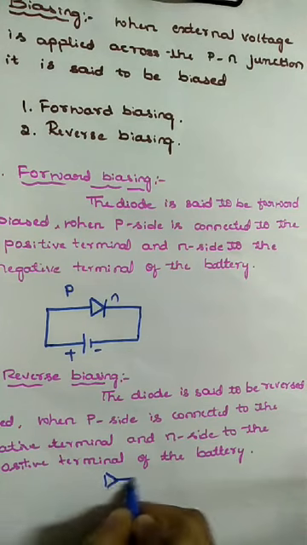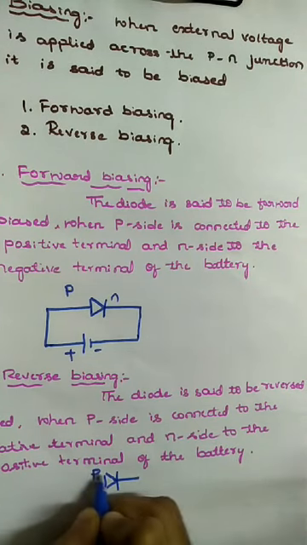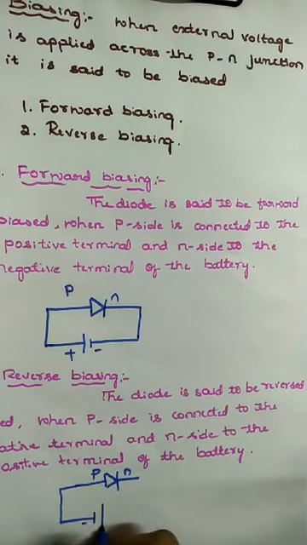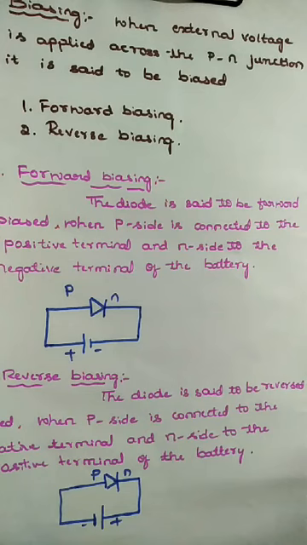This is the PN junction diode, this is the P type and this is the N type. Now the P side is connected to the negative terminal of the battery and the N side to the positive terminal. So this is the definition of forward and reverse biased.